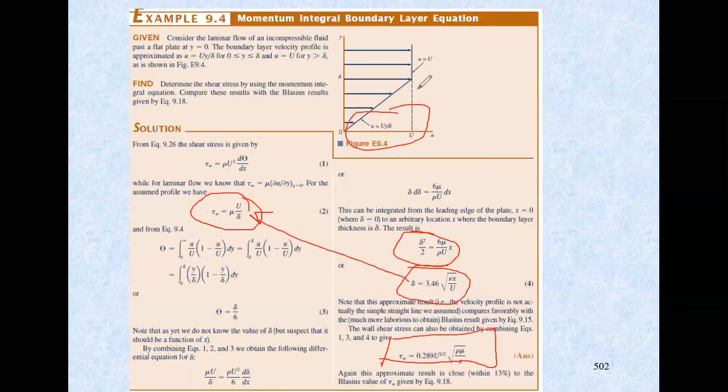So in our case, the velocity profile is linear, so we have this. Okay, but over here you are required to find using the Blasius solutions. We can also do that, and I will try to bring the Blasius solution for this case.